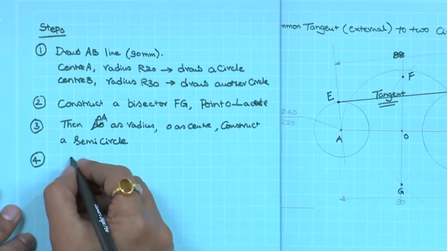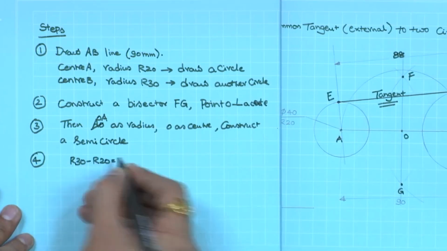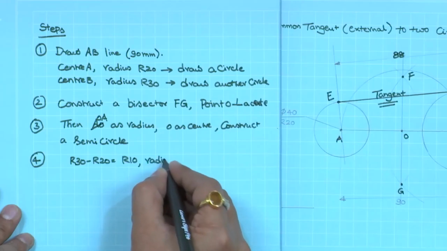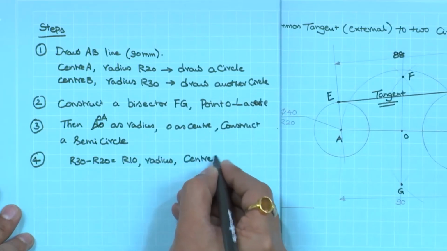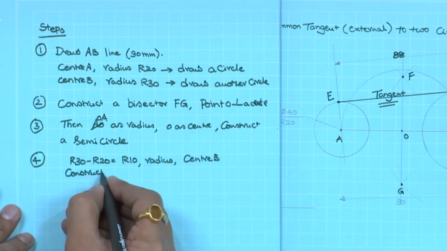Then with the R 30 minus R 20 difference, which is R 10 radius, but around center B, construct a smaller circle.